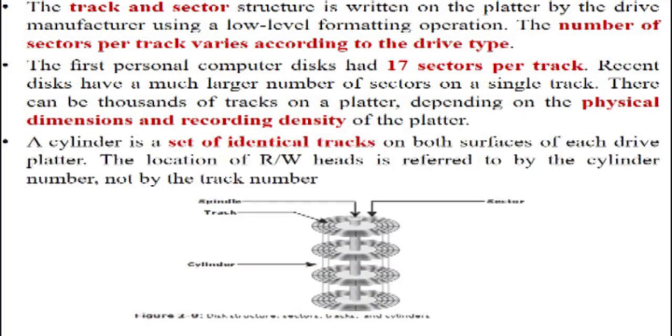A cylinder is a set of identical tracks on both surfaces of each drive platter. The location of read-write heads is referred to by the cylinder number, not by the track number. We have a structure that represents the sectors, tracks and cylinders with spindle.